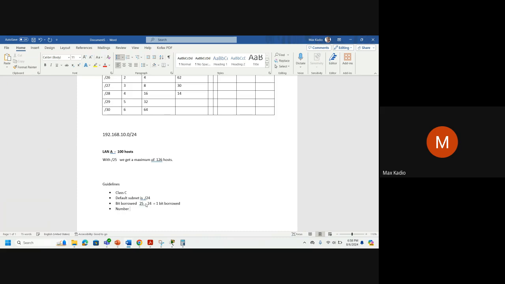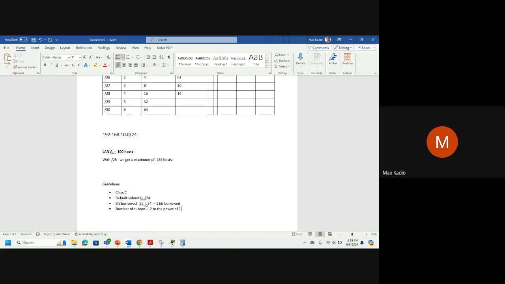Number of subnets: 2 to the power of bits borrowed, so 2 to the power of 1.